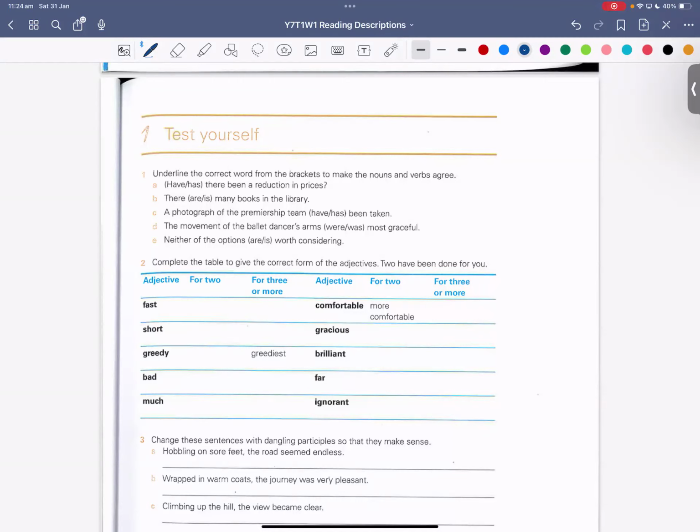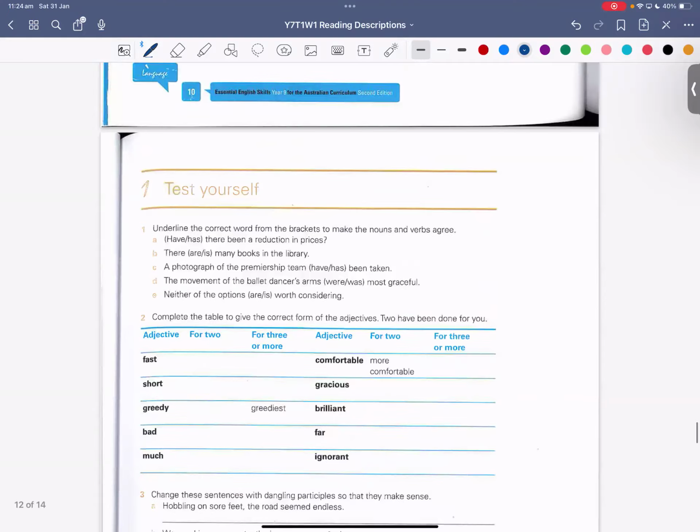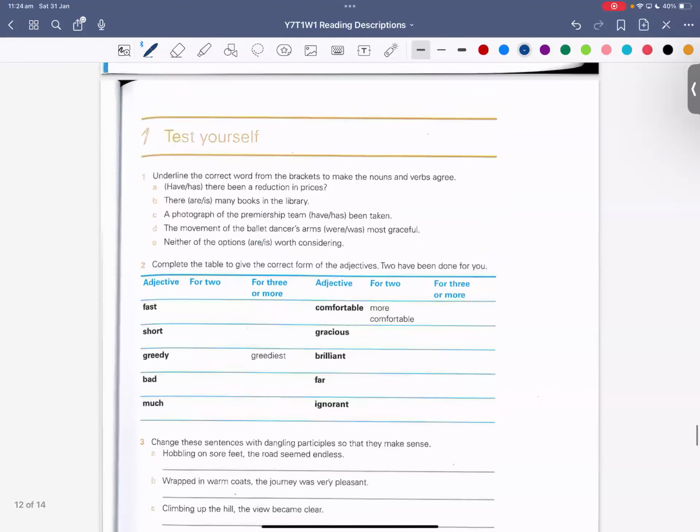1A, have or has there been a reduction in prices? And you also can tell me the reason why you think that. It's okay, you can take your time getting to the page. I think it's has.